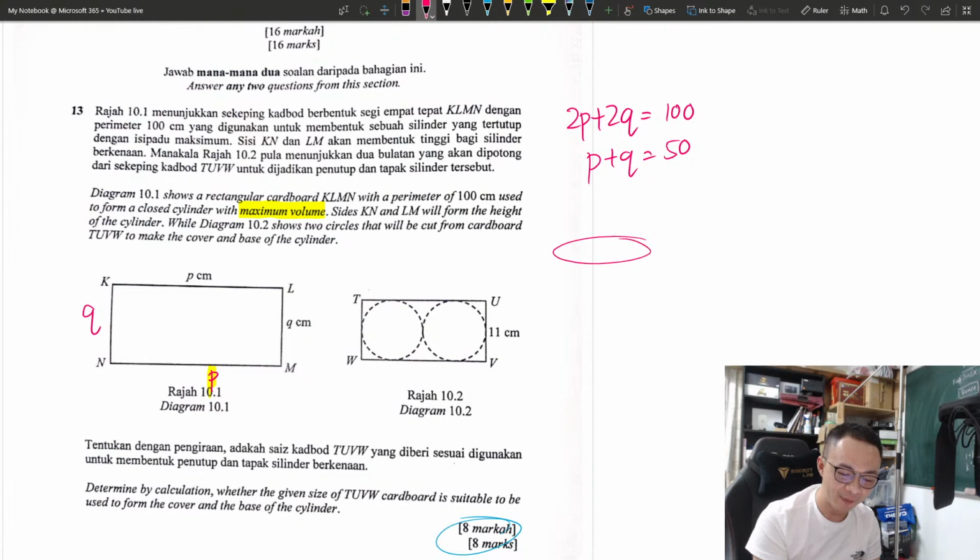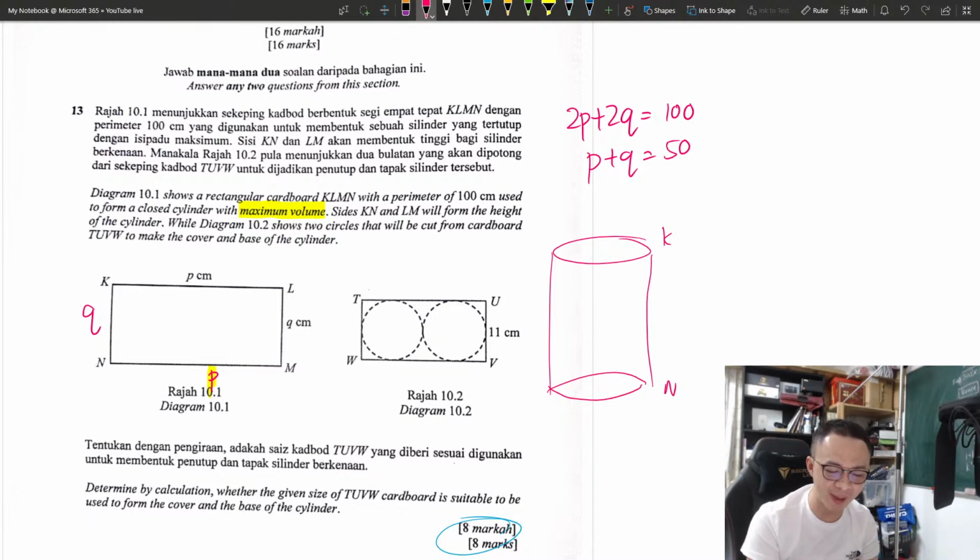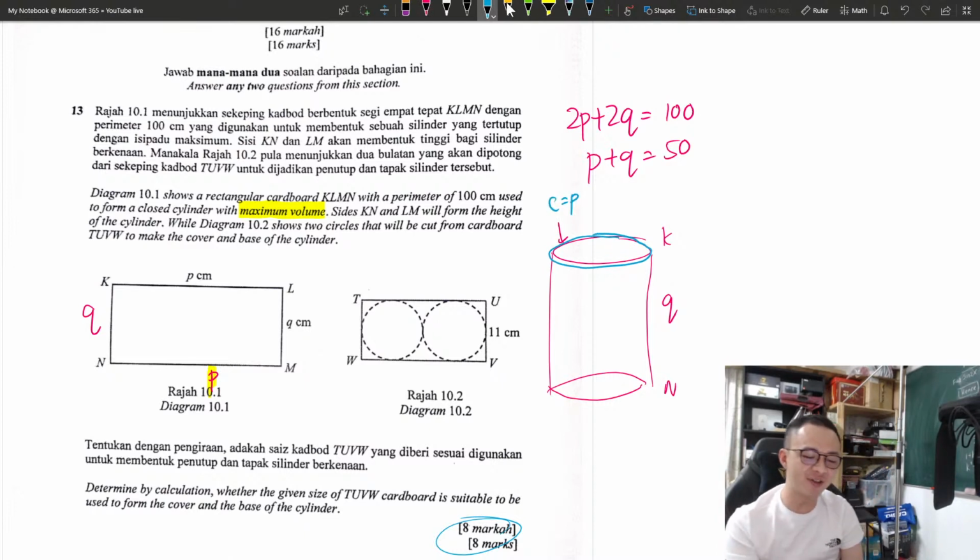So if I want to form a cylinder here, definitely you know this is K to N, right? Connecting with L and M. So my height here is actually the Q. And my perimeter here, which is my circumference, is basically P. My circumference is P. But the P itself is not my R, right?